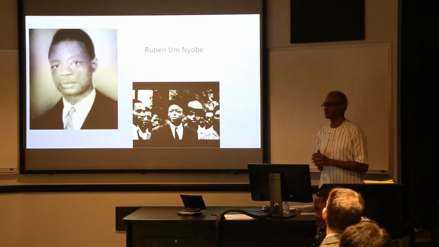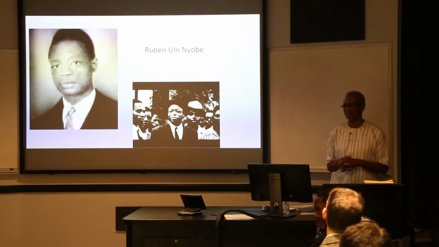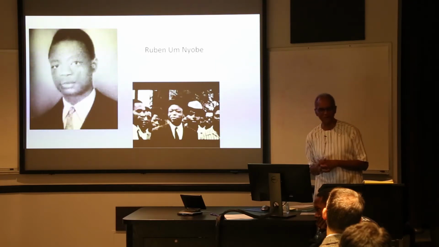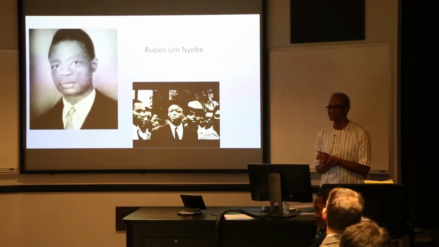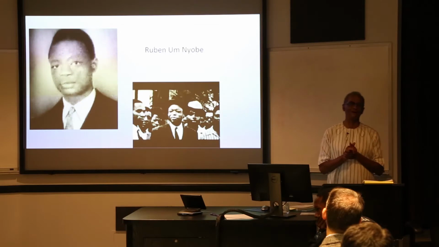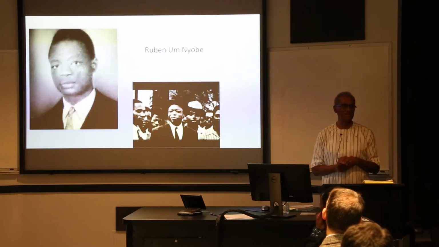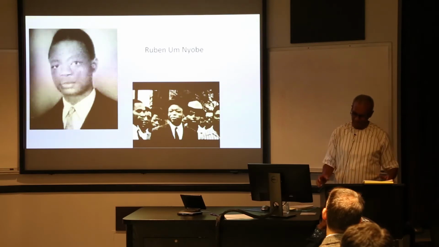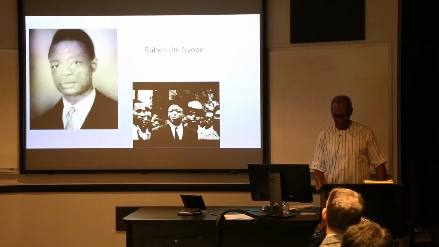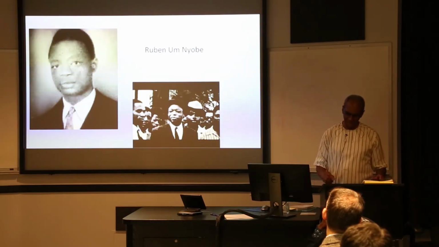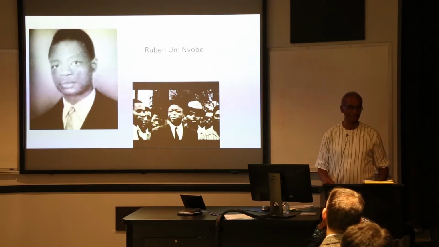And then with the upsurge in the fervor, he would have been released. He would have run for election, and he would have been the first prime minister of Cameroon, and he'd be well known to all of you. The French did not function in that way, and unfortunately, he died after the Cameroonians undertook an armed struggle.